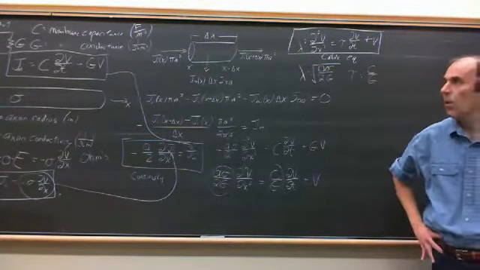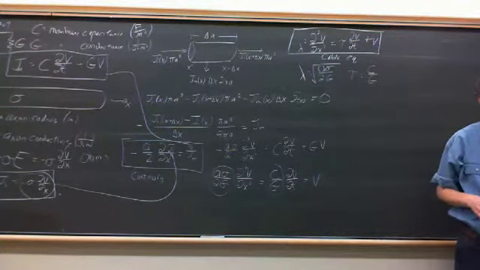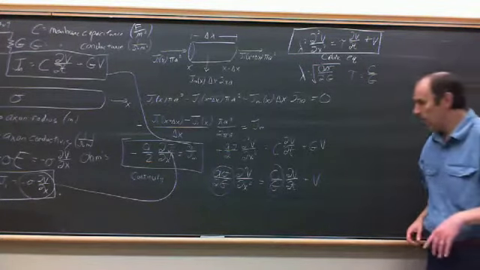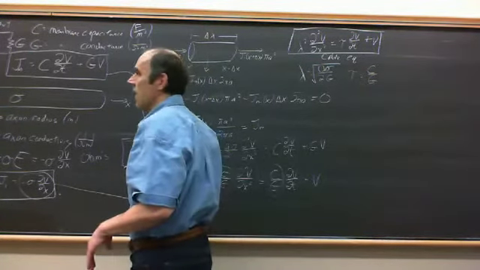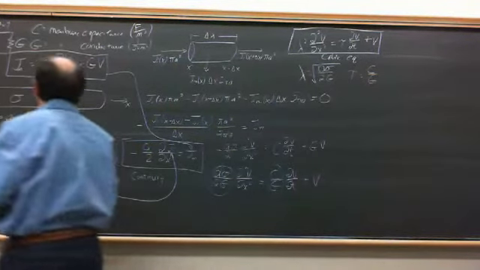Okay, so now when you have an equation like this, it's kind of complicated. The best thing to do is to start looking at special cases. So let us look at some special cases, and I'm going to erase this whole big thing, and then we're going to move on.